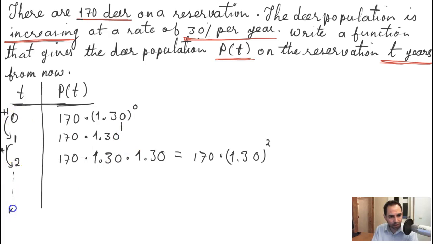So after t years, this can be written as 170 times 1.30 raised to the tth power.